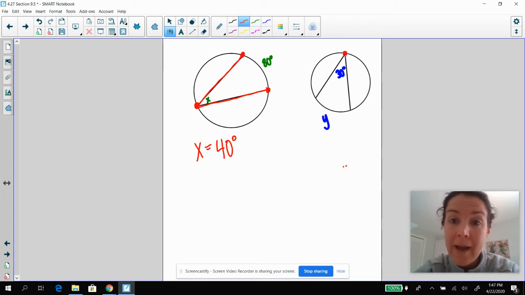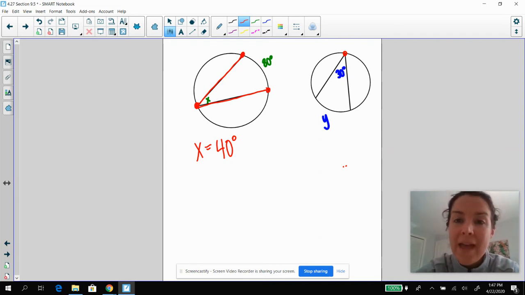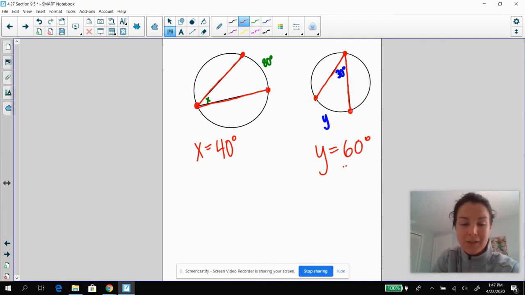So here, my vertex is on the circle. Again, I'm driving that home because we're going to start to get more complicated, obviously. And if I look and see where it intercepts, it is arc Y. So then I know that y is going to be twice 30 degrees. So y is 60 degrees. Again, remember, we're talking about the measurements of the arcs, not the arc length. That's coming later.